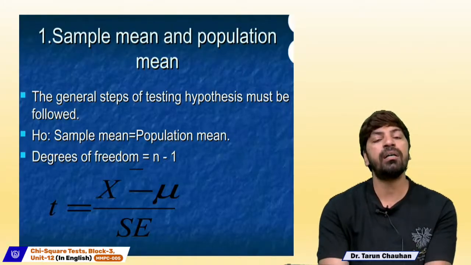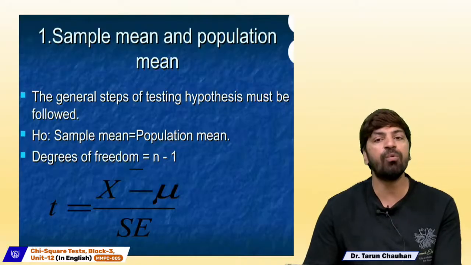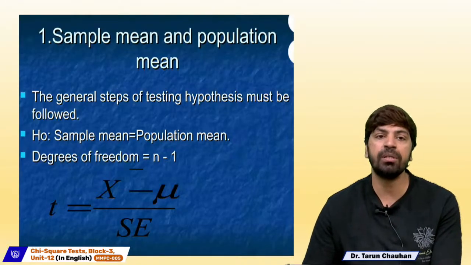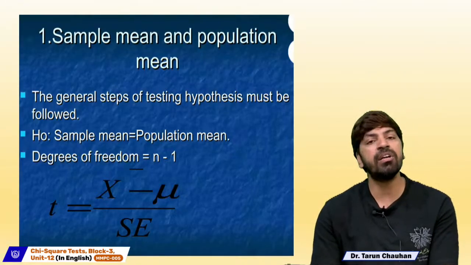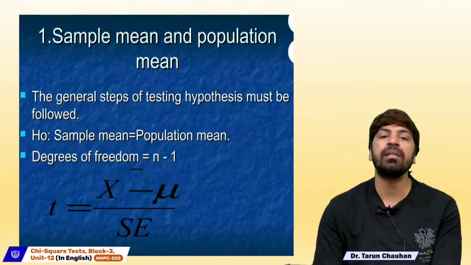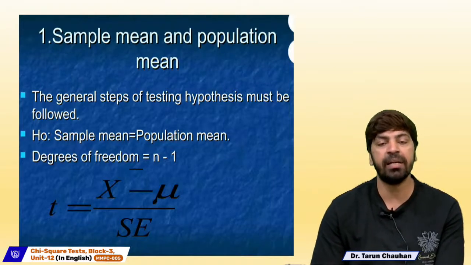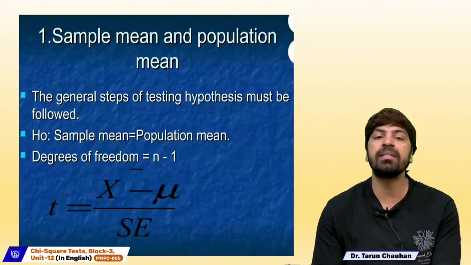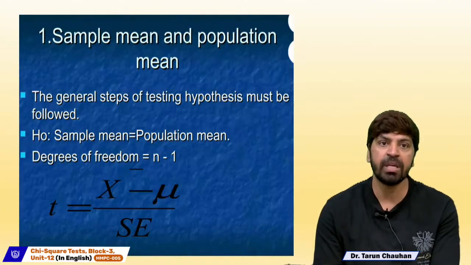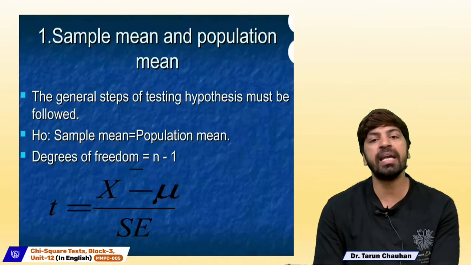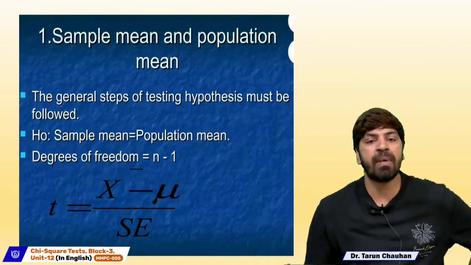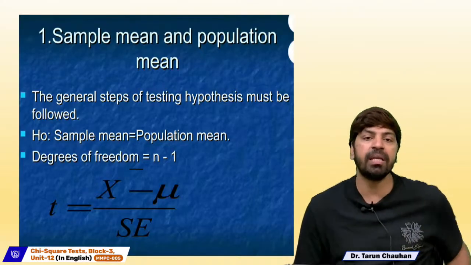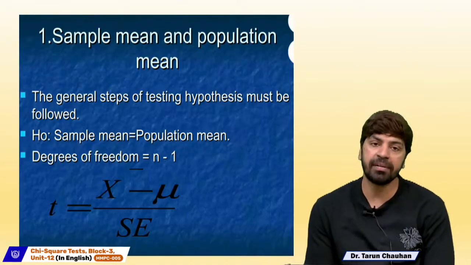The null hypothesis is that the sample mean is equal to the population mean, and the degrees of freedom are calculated as n minus 1, where n is the number of observations. So t is equal to x bar minus the population mean, divided by the standard error.